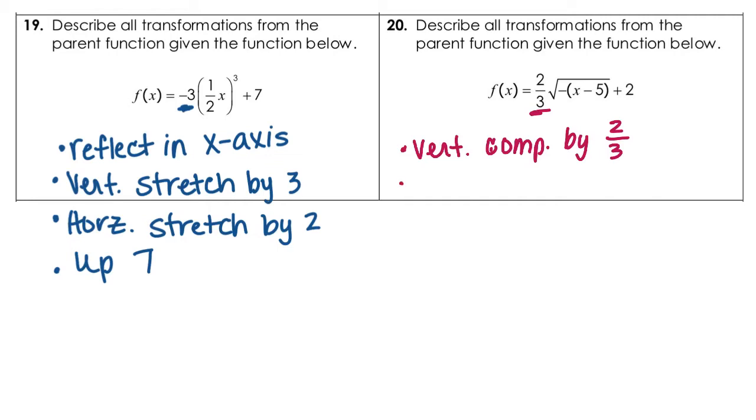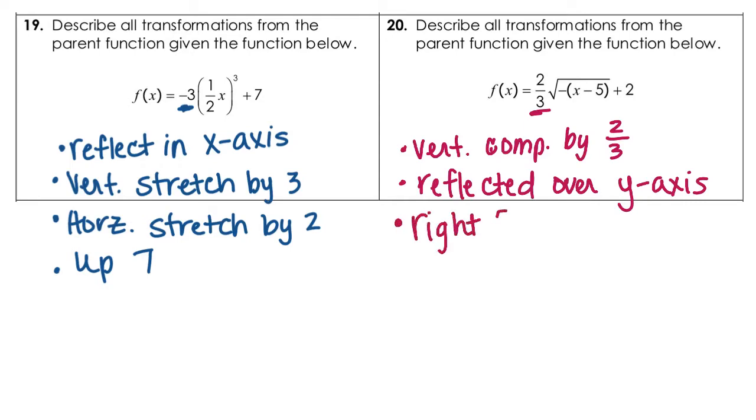The negative on the inside, so we are reflected over the y-axis, is the negative on the inside. We are also moved to the right 5, and we are also moving up 2.